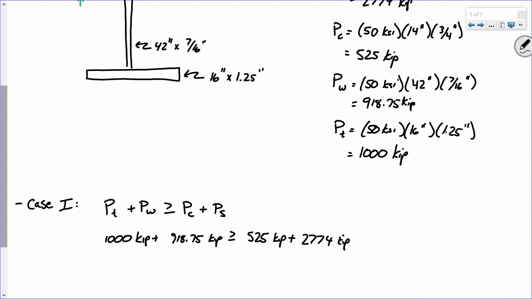So on the left side, I've got 1918.75 greater than or equal to what? 3299. Is that statement true? No. So, no good. Case 1 is invalid.